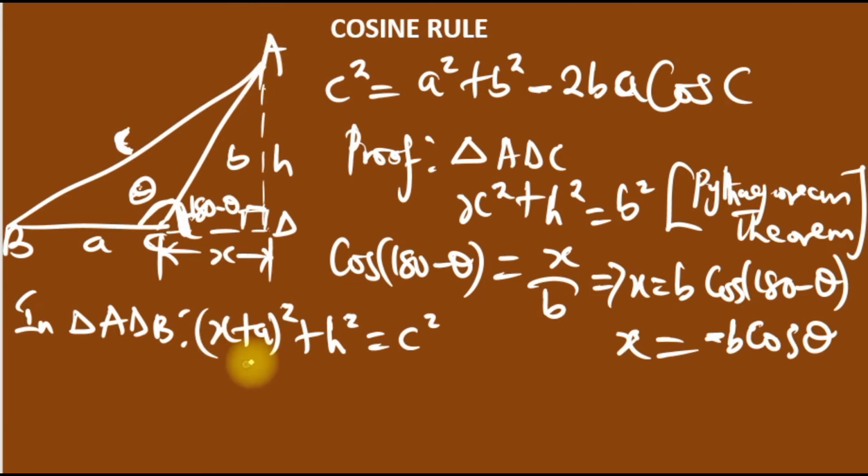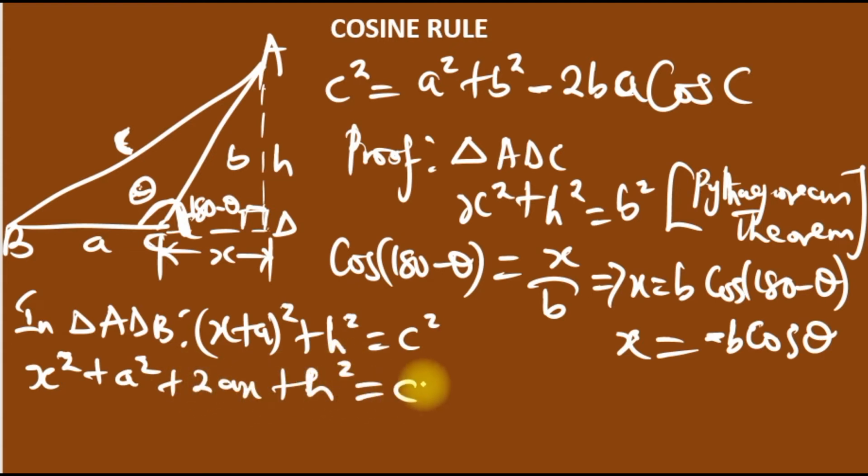So expanding this bracket, we have x squared plus a squared plus 2ax plus h squared equals c squared.